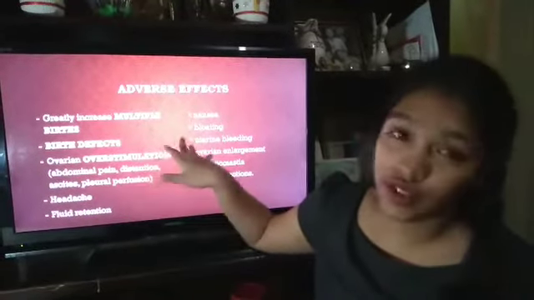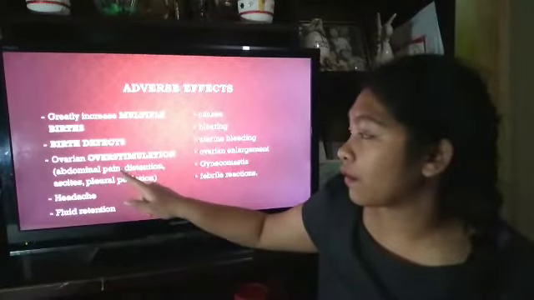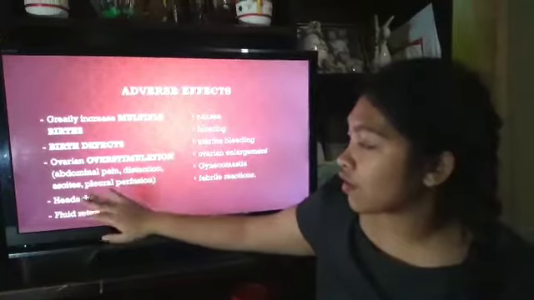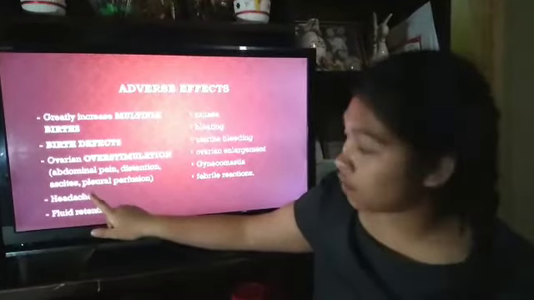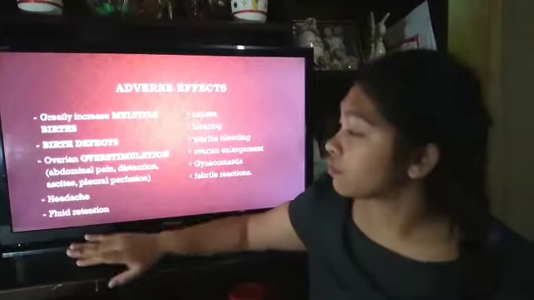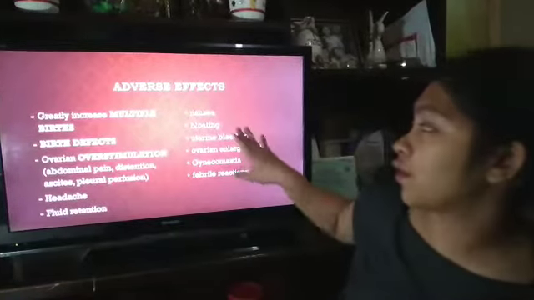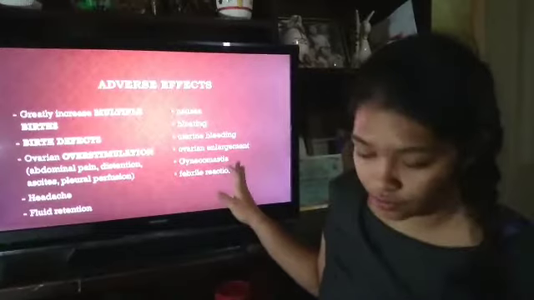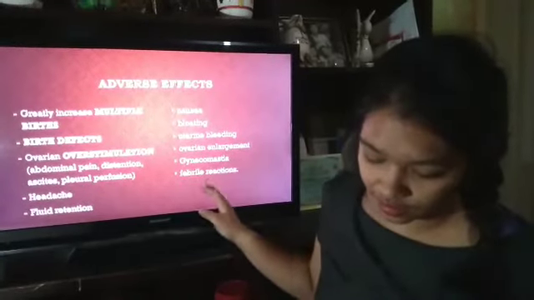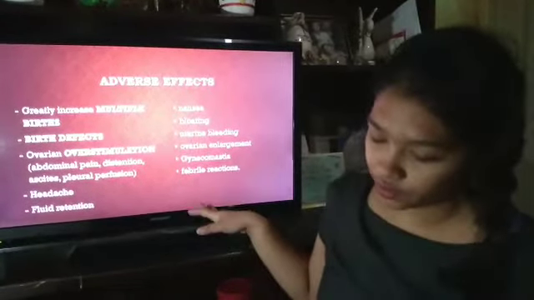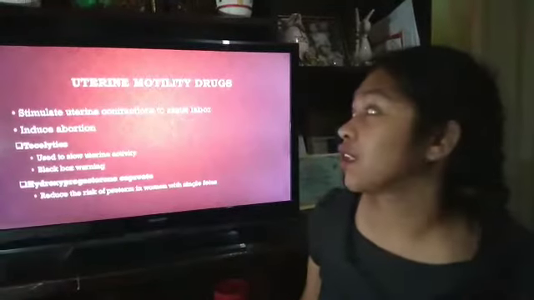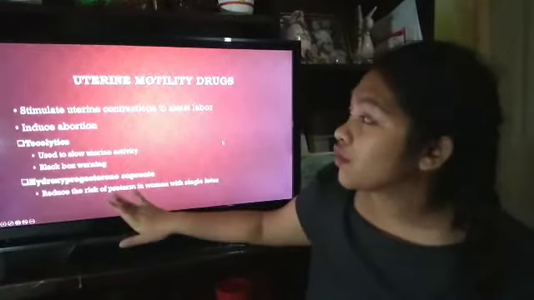Ovarian overstimulation too, accompanied by abdominal pain, distension, ascites, pleural effusion, headache, fluid retention, nausea, bloating, uterine bleeding, ovarian enlargement. Gynecomastia is the enlargement or swelling of breast tissue in males.